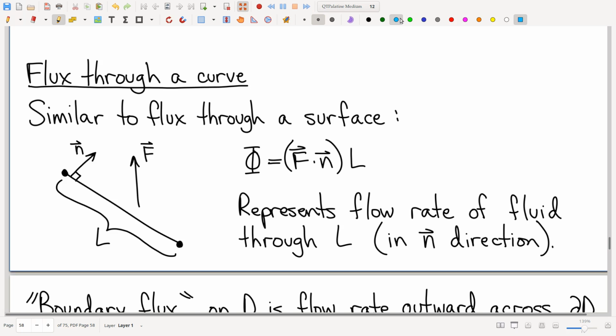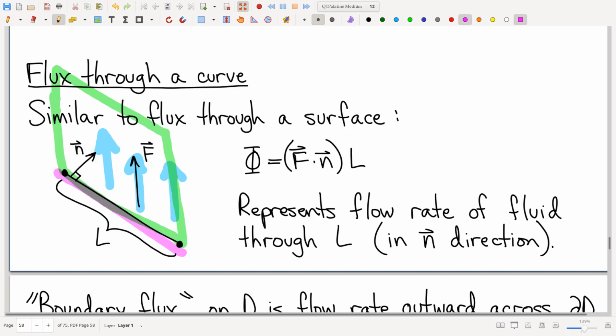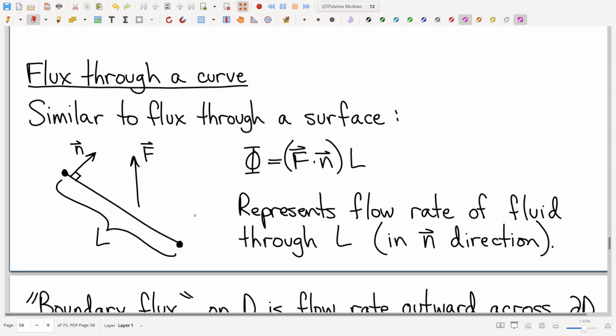We have kind of a 2-dimensional fluid flowing along. And I want to know the amount of area of fluid per unit time passing through a curve. Right, so just like in chapter 3, but 1 dimension down. Okay. This is a very nice exercise.